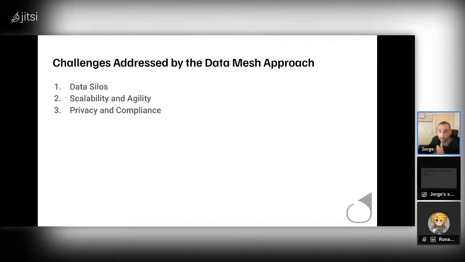This means that while each team has autonomy, they still follow shared standards for privacy and compliance, tailored to fit their specific data needs. This localized control helps ensure that each department can meet its regulatory obligations without compromising privacy.